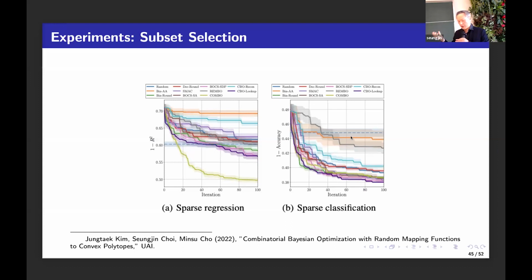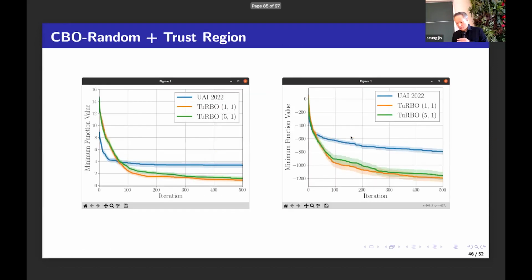For instance, in sparse regression, you would like to choose a smaller number of input variables that still maintains good performance. There are many different configurations, and the best configuration can be obtained by applying combinatorial Bayesian optimization to the sparse regression problems. That's also something you can do for classification.